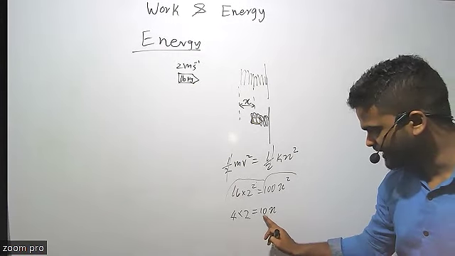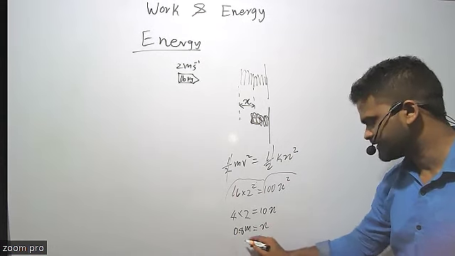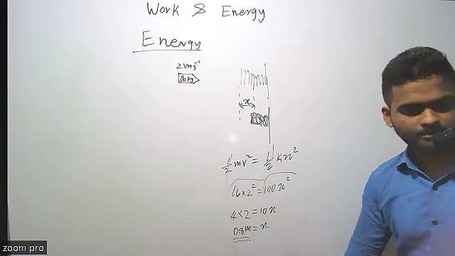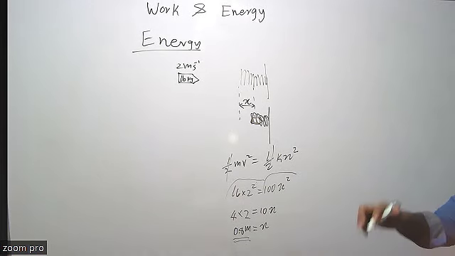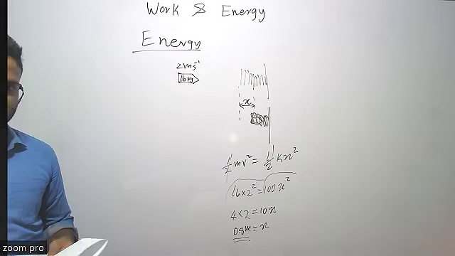So 8 divided by 10 is 0.8 meters. 0.8 meters is the compression. Take it down, and if everything is clear, thumbs up.